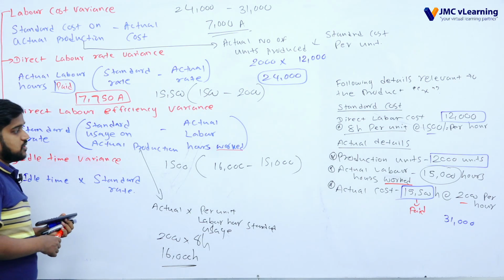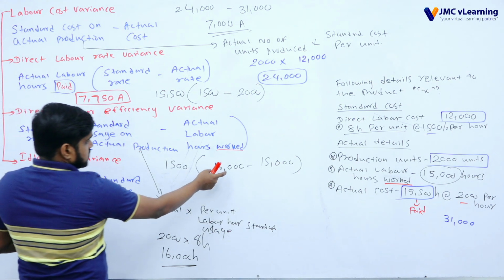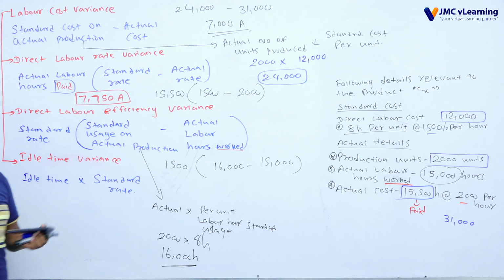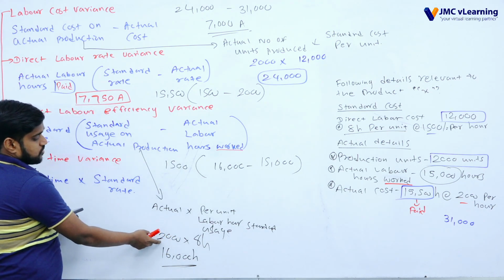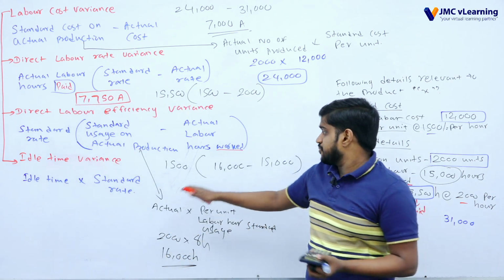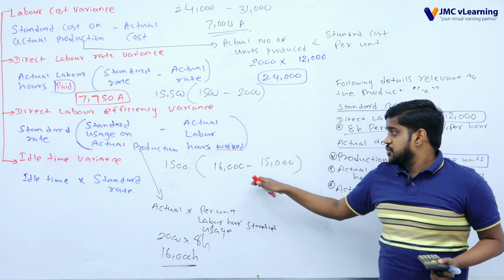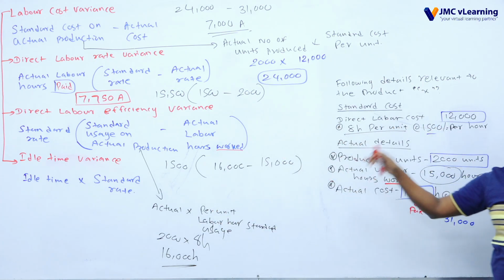Why? Standard usage on actual production is 16,000 hours. That means our budgeted one. If we produce these 2,000 units based on our standard usage, it utilizes 16,000 hours, but our actual labor hours utilized is 15,000.